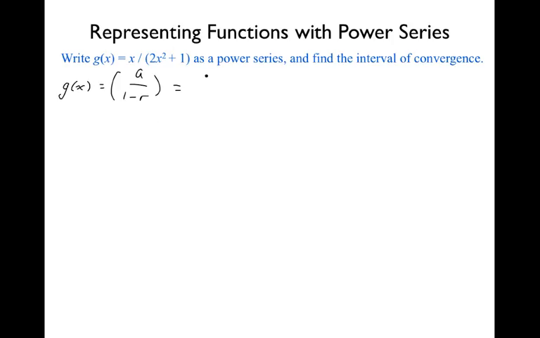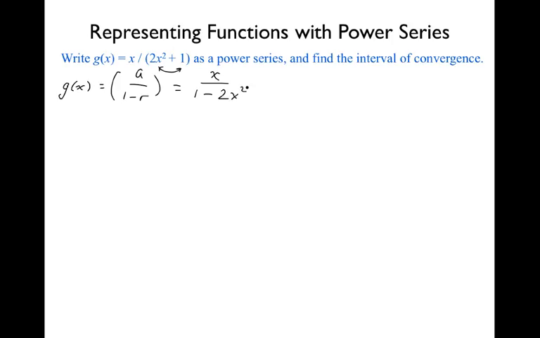x would be a, okay, x over. Just all we have to do is flip it. Okay, but I need it to be 1 minus r, so how can I make that 1 minus r? Okay, so it'll be 1 minus, like that?